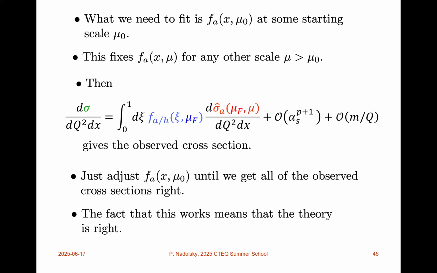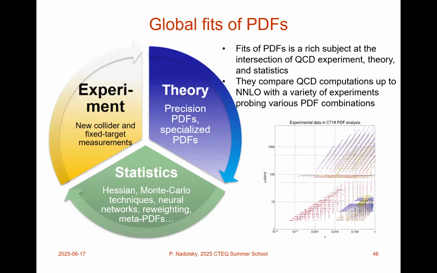So what we really need to do is come up with a parameterization of PDFs at some low scale mu naught of order 1 GeV. Then we can predict the PDFs and the cross sections based on the PDFs at any arbitrary scale mu using the DGLAP evolution equations. So we need to figure out parameterizations of the PDFs at a low scale to make predictions for PDFs at all higher scales.